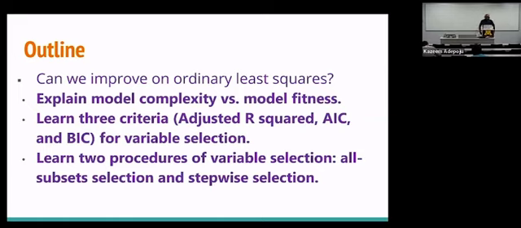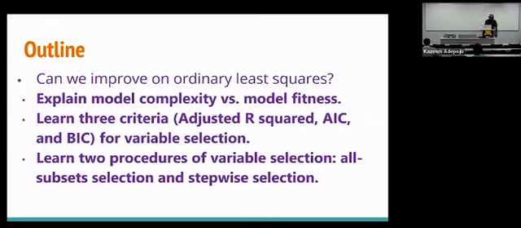Then from there, you're going to learn new model selection criteria that are different from the one you already know in model fitness. There's something called adjusted R squared, the AIC and the BIC. They are the metrics of evaluation of a model when we take into consideration not only model fitness, but also model complexity.